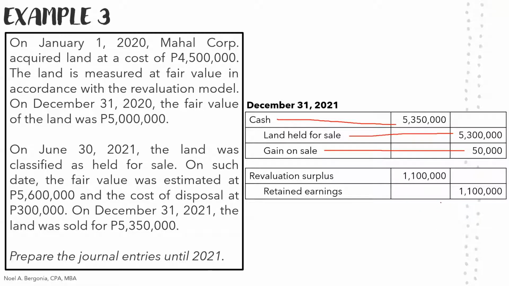So we debit revaluation surplus na 1,100,000. So yun yung dalawa kanina, no, yung 500,000 initially on December 31, tapos nung nag-reclassify or bago mag-reclassify na 600,000. So all in all, we transferred or credit to retained earnings na 1,100,000. Okay?